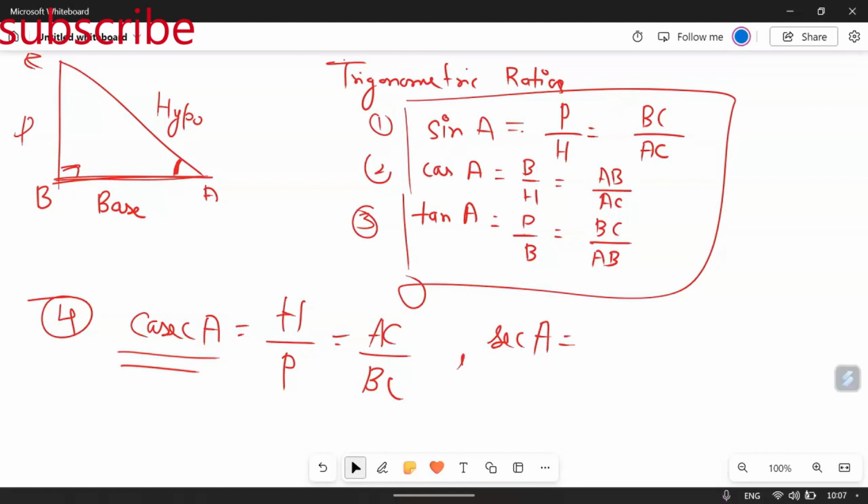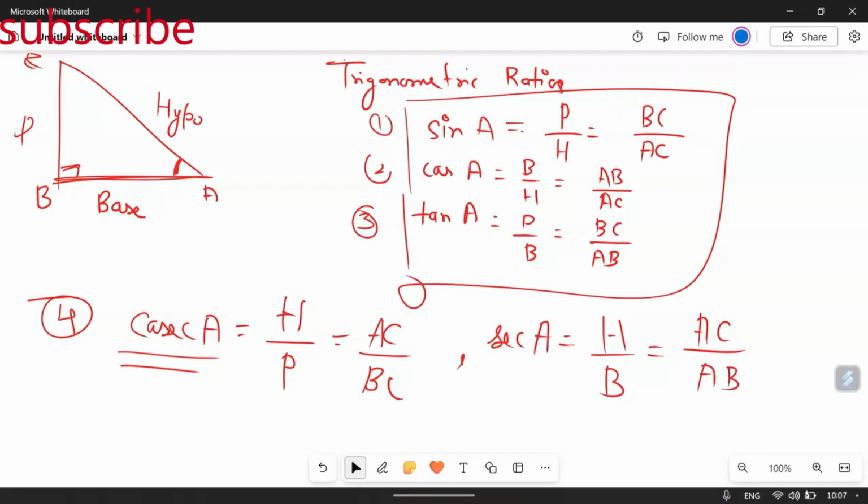Sec A you can say is opposite to cos A. That is hypotenuse upon base. The hypotenuse is AC in the triangle and the base is AB.